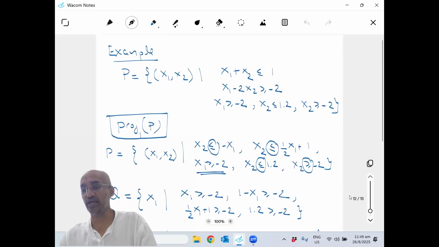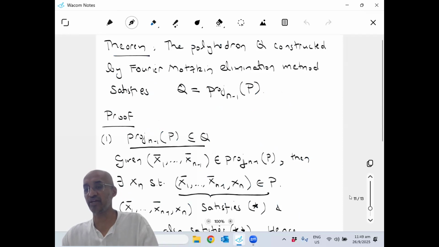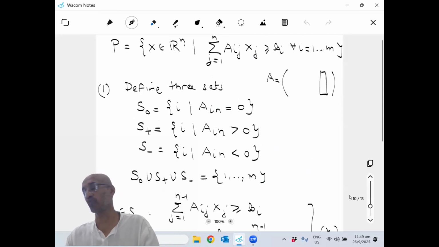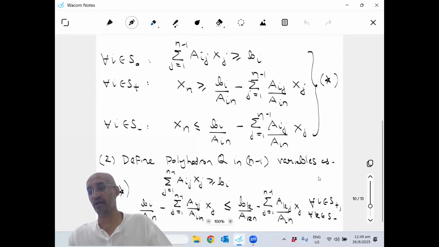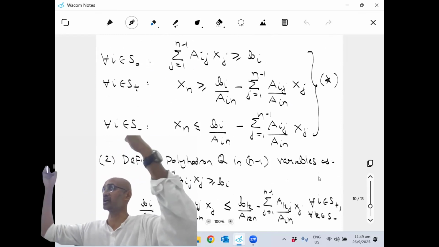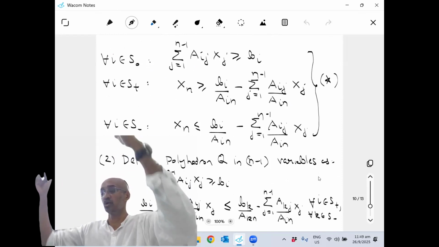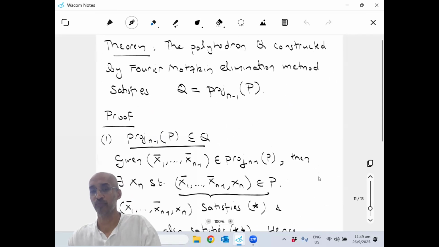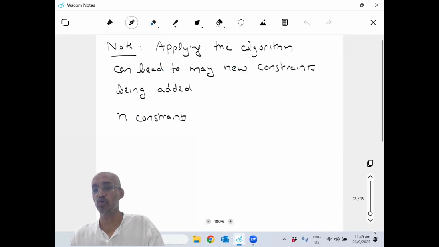What happens in the algorithm? I look at the sets with zeros, positives, negatives. The zero constraints remain the same. For the positive and negative coefficients, I create upper and lower bounds, basically, right? So imagine the worst case. I might have n by 2 constraints giving me upper bounds and n by 2 constraints giving me lower bounds.